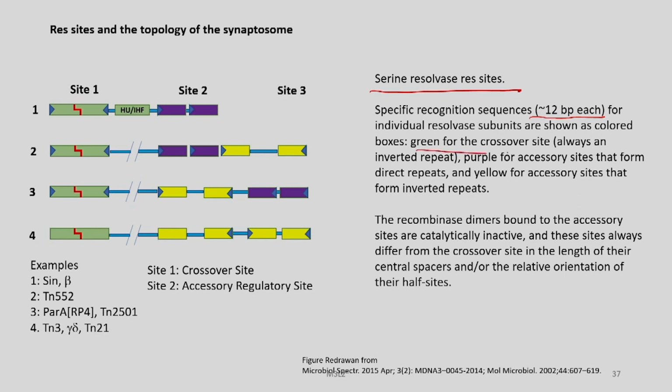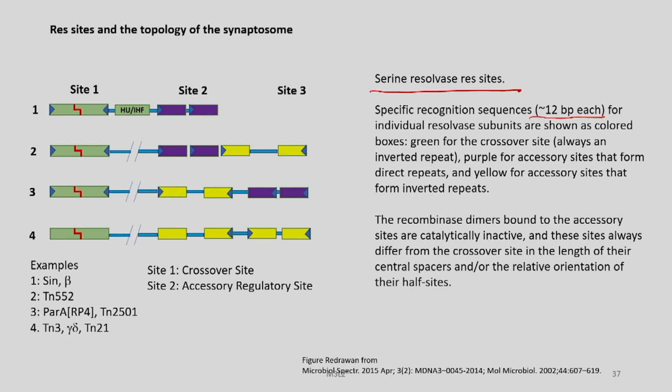Green is for the crossover site, always an inverted repeat, purple for accessory sites that form direct repeats, and yellow for accessory sites that form inverted repeats. The recombinase dimers bound to the accessory sites are catalytically inactive, and these sites always differ from the crossover site in the length of their central spacers and relative orientation of their half sites.